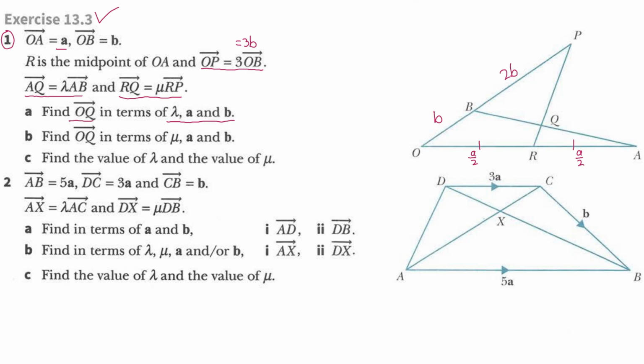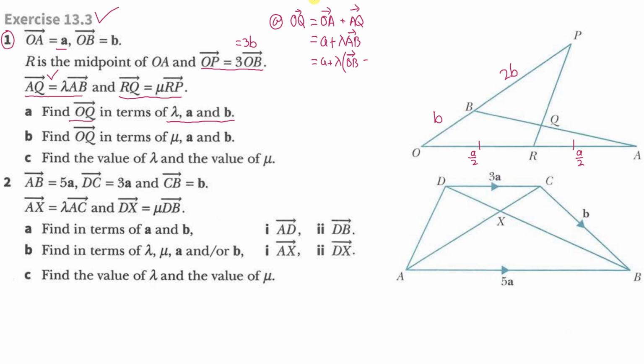So the first question is asking for OQ in terms of lambda, A and B. We need to use the first information, AQ equals lambda AB. Let me write that. OQ equals, we can go directly from O to A, and then from A to Q. OA is A, and AQ is lambda AB. Easily we can write A plus lambda AB, where AB is OB minus OA.